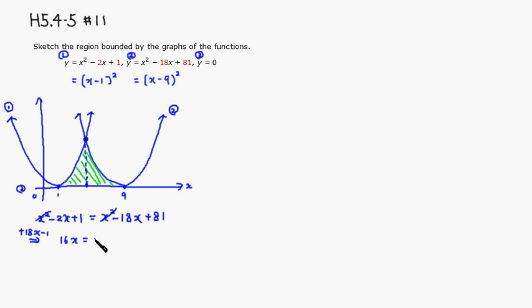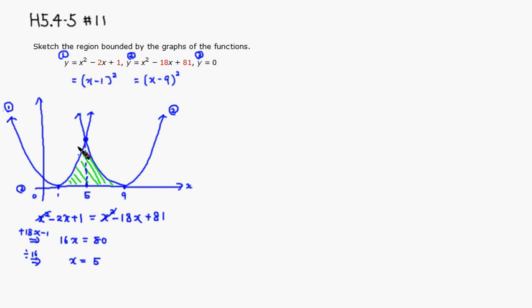So 81 minus 1 is 80. Then we can just divide the equation through by 16 to get x equals 80 over 16, which is 5. All right, so as we guessed, this is 5 right there.